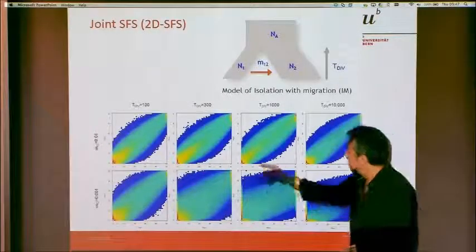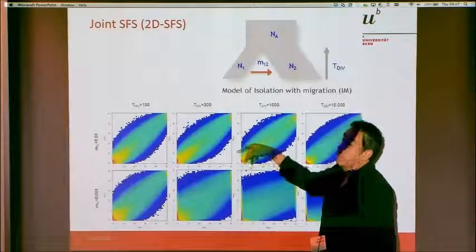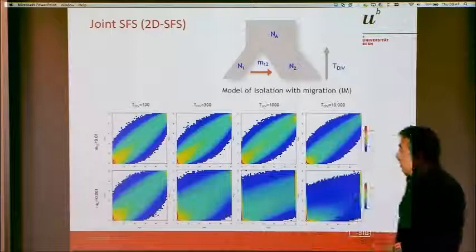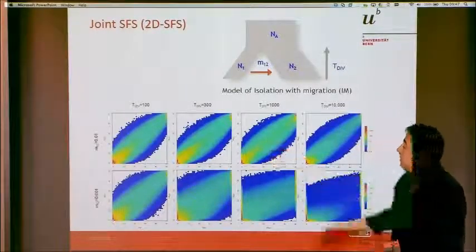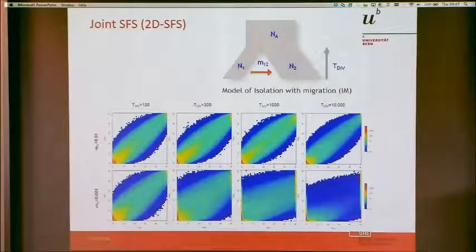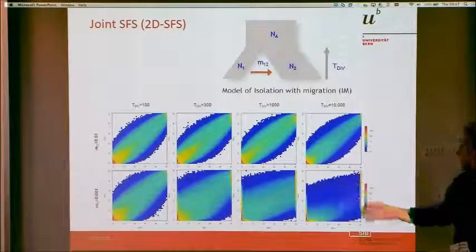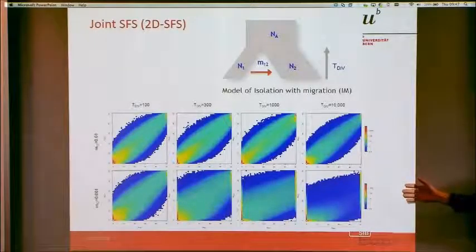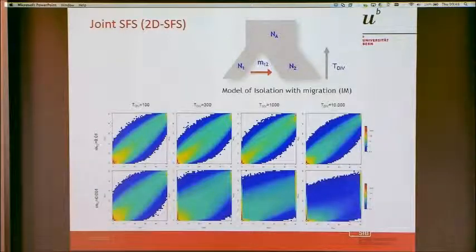So on this axis you have allele frequency in one population, on this axis you have the allele frequency in the other population, and the color scheme corresponds to the number of sites that have these joint frequencies. So there's a lot of information you can use, given these joint site frequency spectra, to reconstruct a bit the history of these populations.